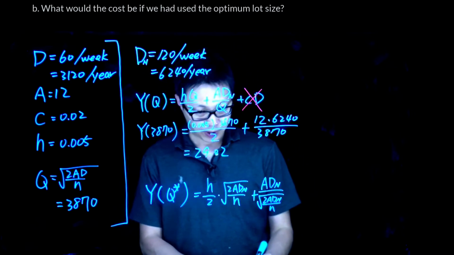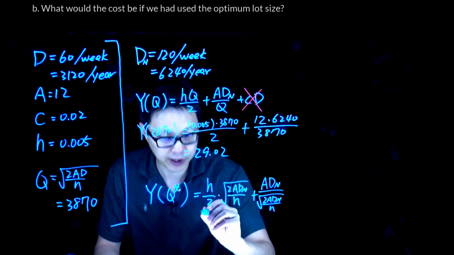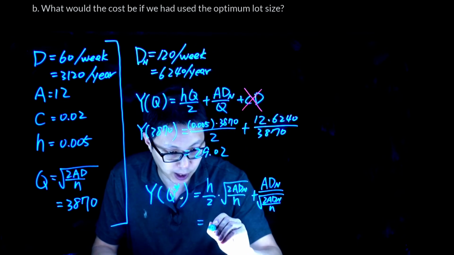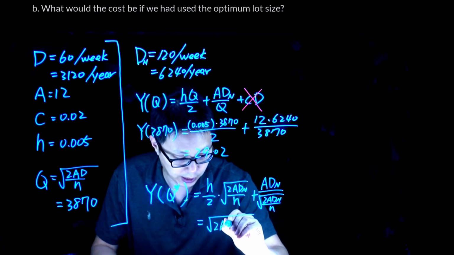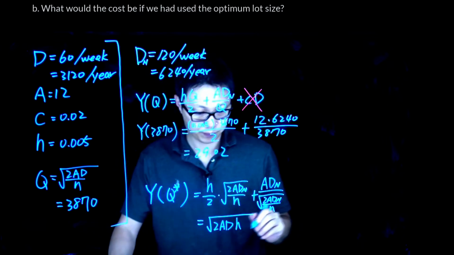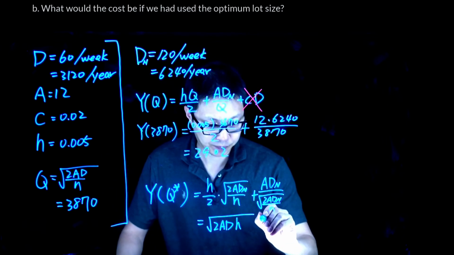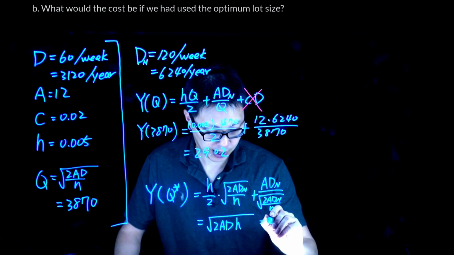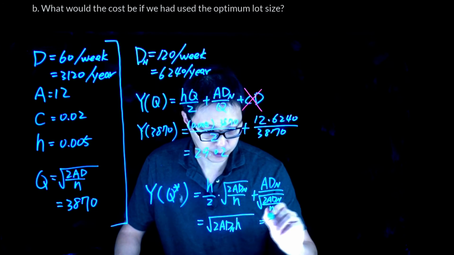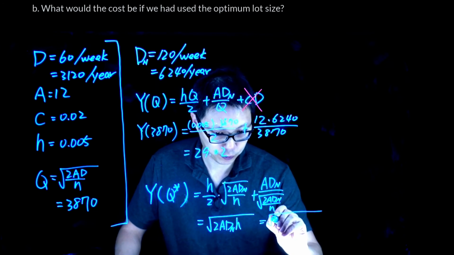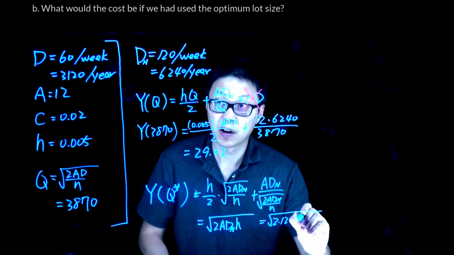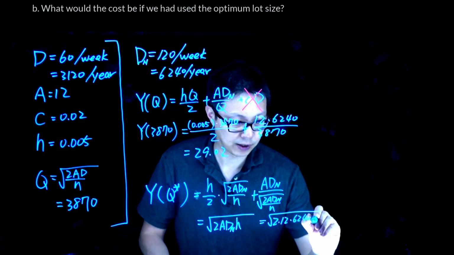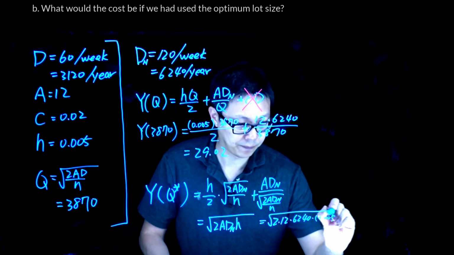We can simplify this a little bit with some algebra, and we know this is equal to the square root of 2ADNH. By plugging in all the numbers, this is DN, the square root of 2 times 12 times 6,240 times 0.005.